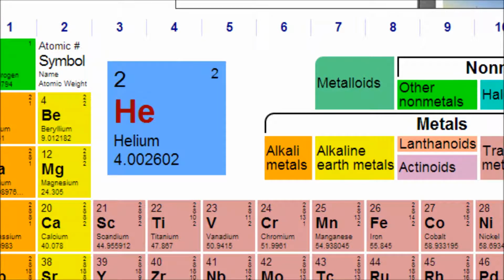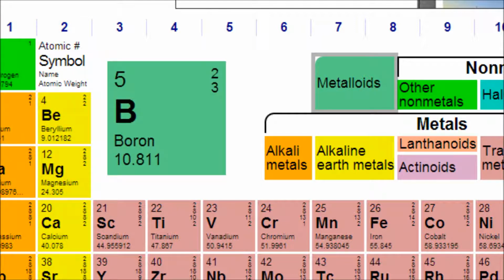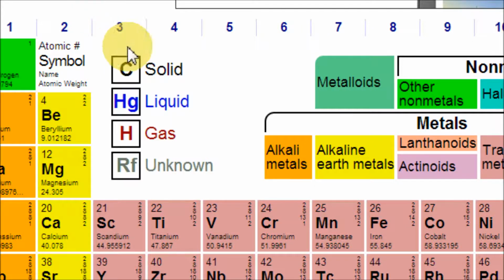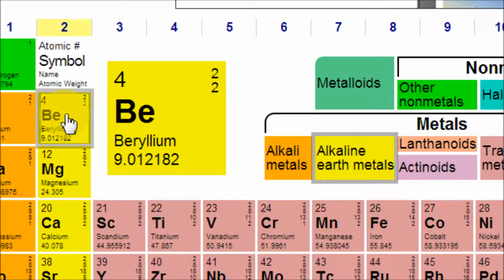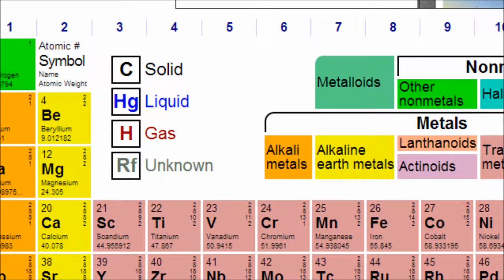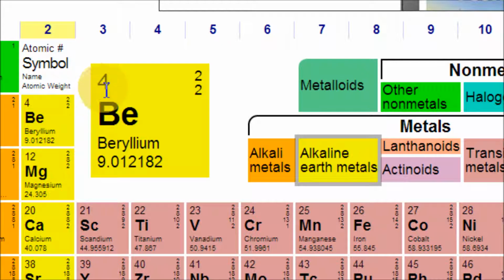Hydrogen is 1, helium is 2, lithium, beryllium, boron, carbon, so on and so forth, to the very last element, 118. So just numerical order. It goes up, up, up. So yeah, that's what that is. These we won't worry about. That's for like radiation. We won't talk about that yet, so ignore that.